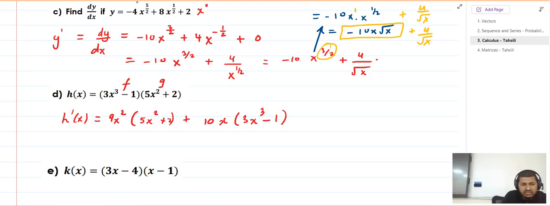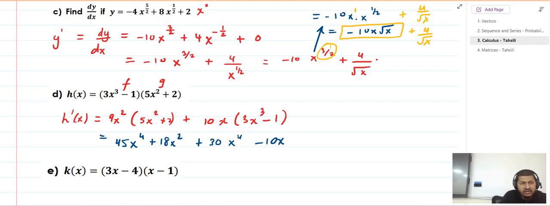Now we will simplify. 9 times 5 is 45, x to the power 4, 9x squared times 2 is plus 18x squared, plus 10x times 3x cubed is 30x to the power 4, 10x times minus 1 is minus 10x.